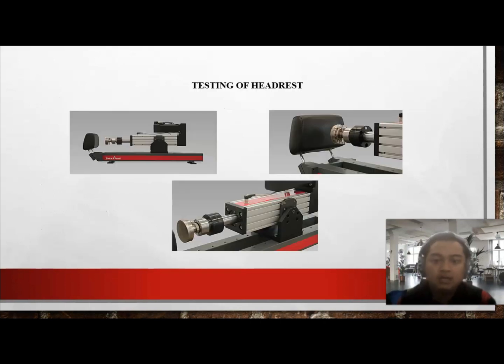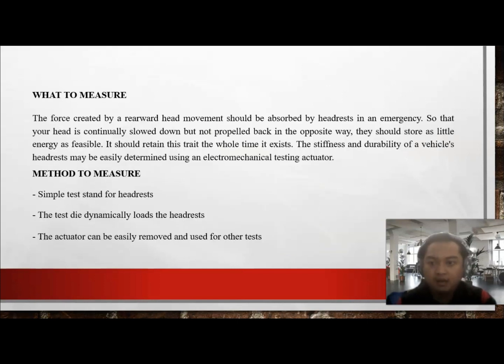And lastly is testing of headrest. Okay, the force created by the rearward head movement shall be absorbed by headrest in an emergency, so that your head is continually slowed down but not propelled back in the opposite way. They should store as little energy as feasible.